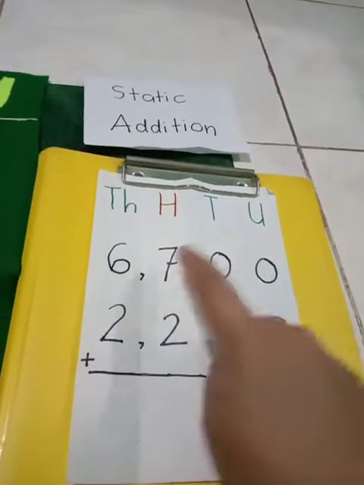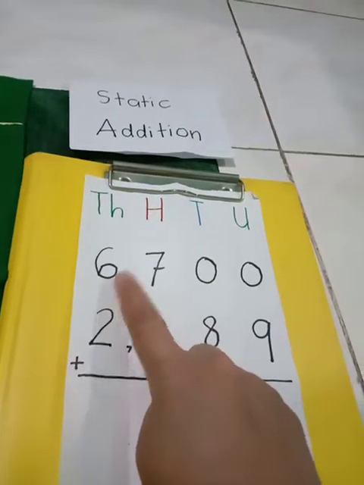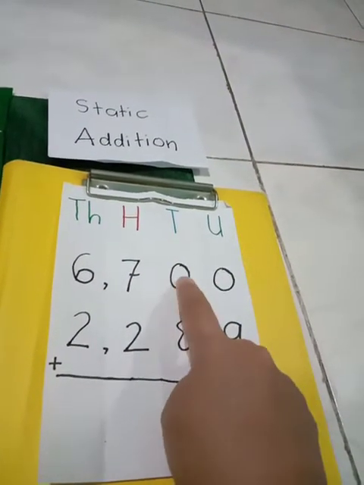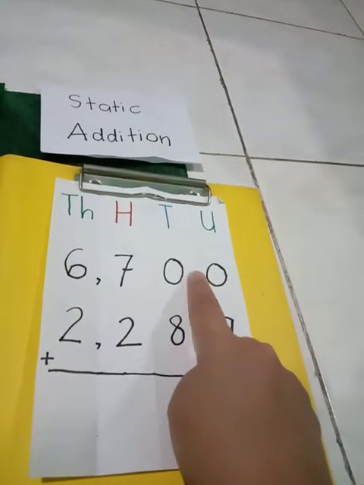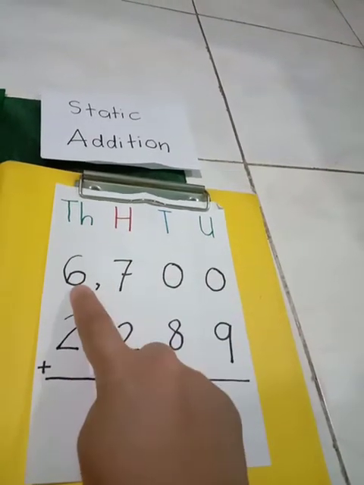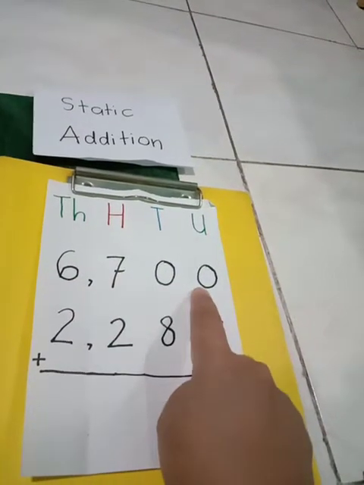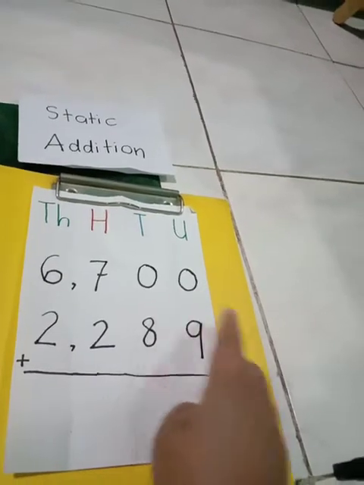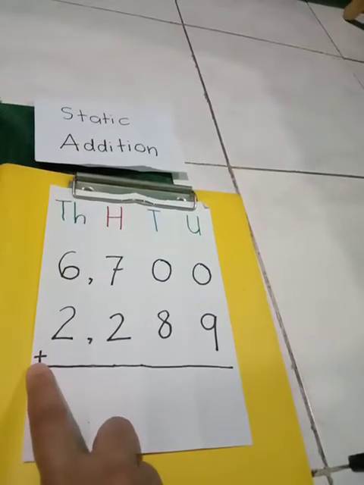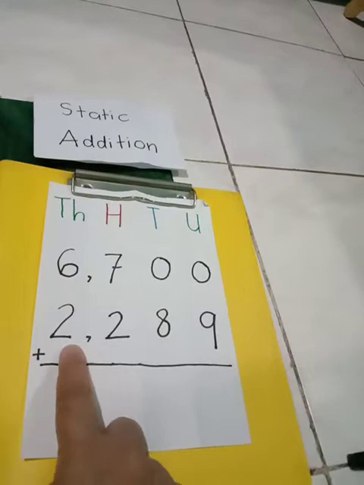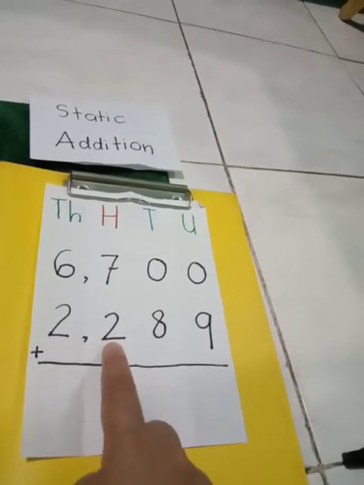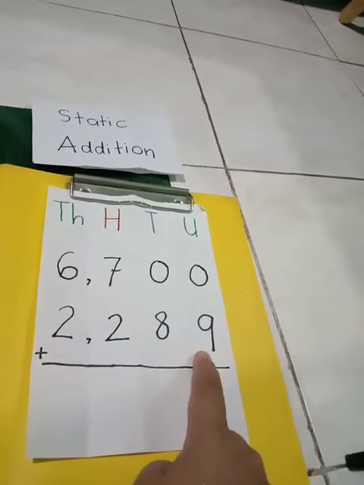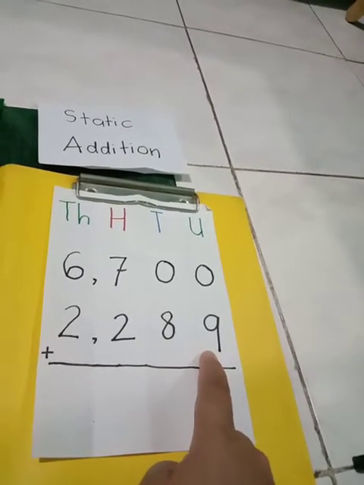Let's read it together. 6,700. We can't read the 10 and the unit because it's 0. So 6,700. No 10 and no units. Added by or plus 2,289. Let's build the numbers using the golden beads.